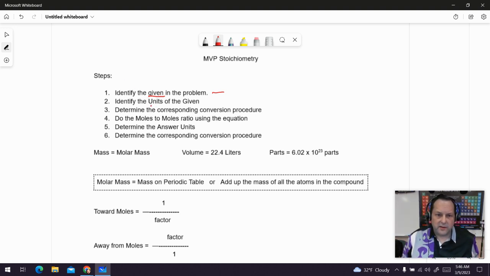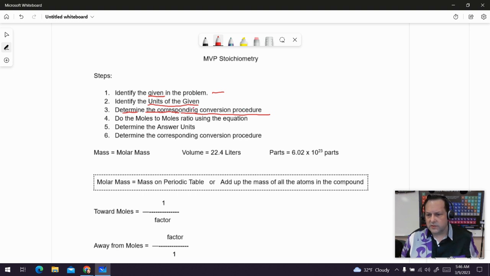Secondly, identify the units that the given is in. Is it moles, or is it grams, or is it molecules, or is it formula units, or atoms, or is it liters? What are we talking about to start off with? If you need to perform a conversion, you have to figure out what type of conversion.